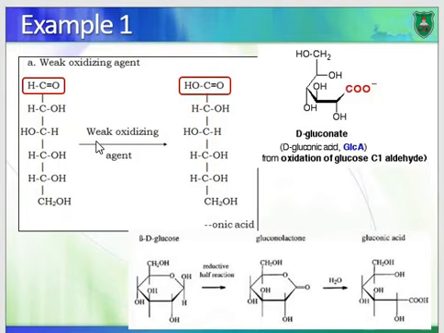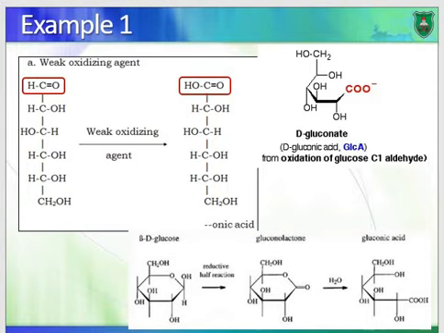So when we deal with a weak oxidizing agent, the oxidation is going to happen preferably on carbon number 1 rather than carbon number 6, producing gluconate rather than glucuronate.